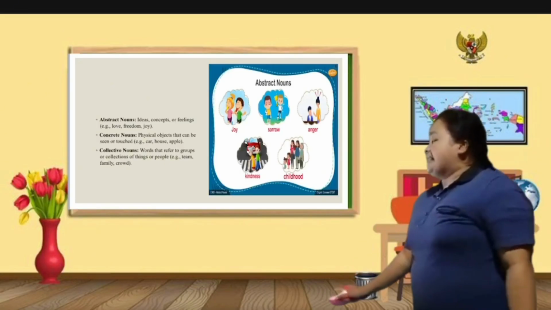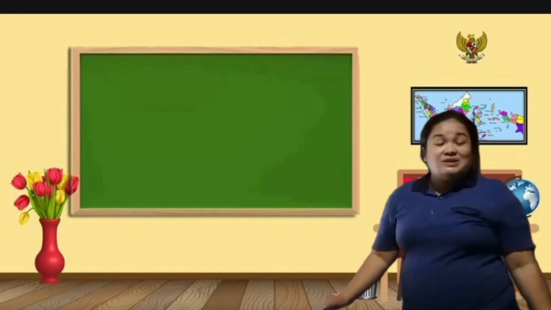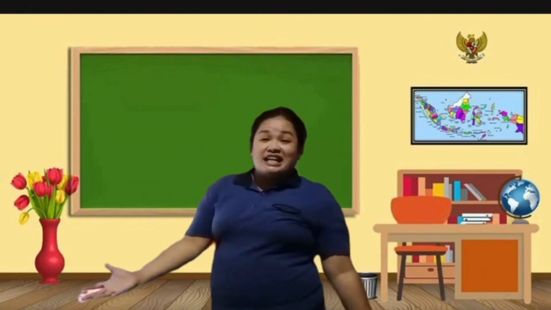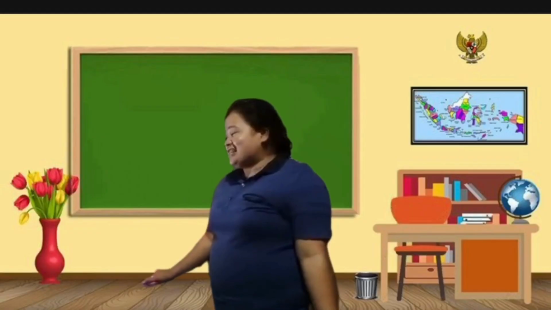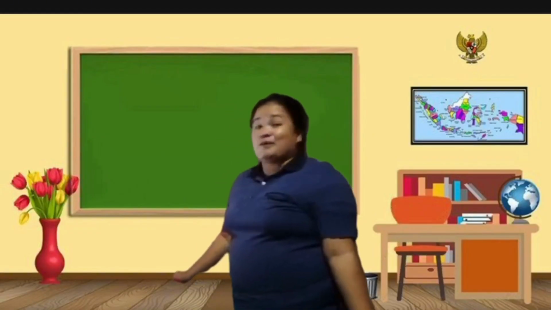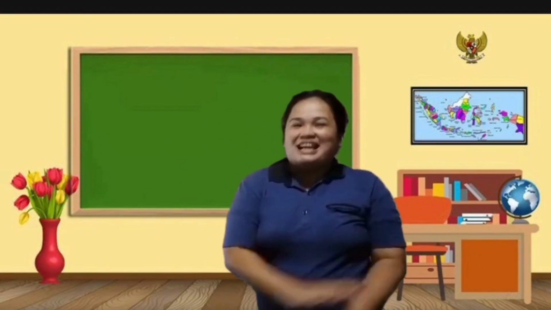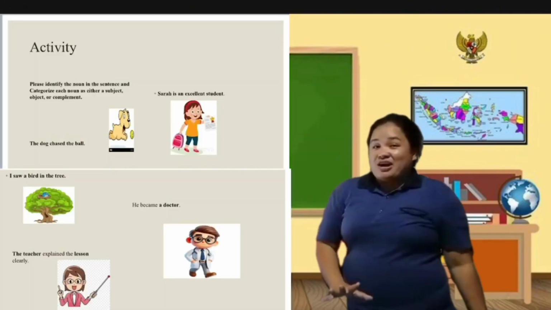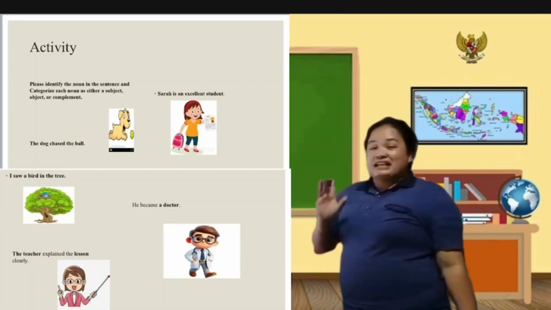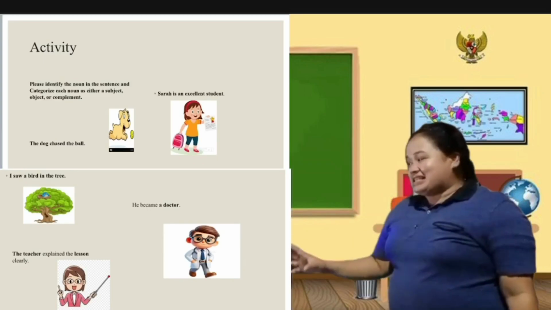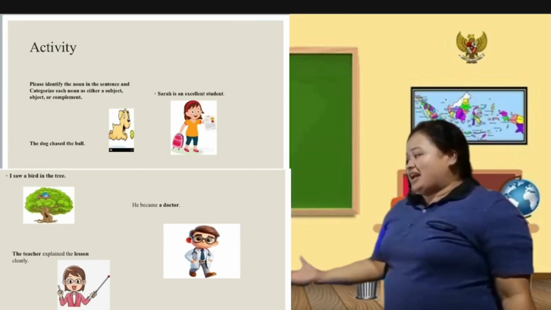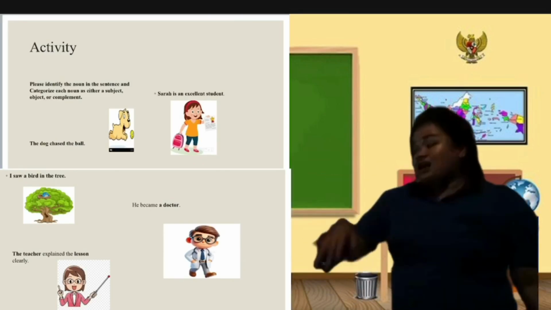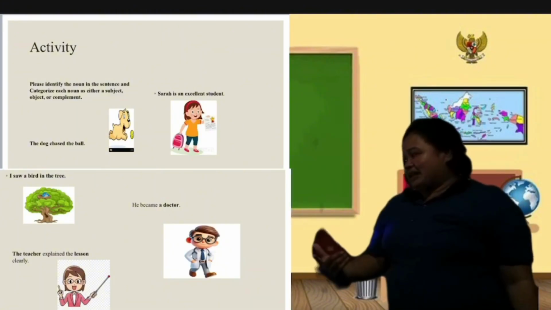Very good. Now I want everyone to stand up. Do you understand? Did you learn something from our class today? Wow, that's so amazing. Thank you. And because you learned something, we're going to have an activity. For our activity, please identify the noun in the sentence and categorize each noun as either a subject, object, or complement.